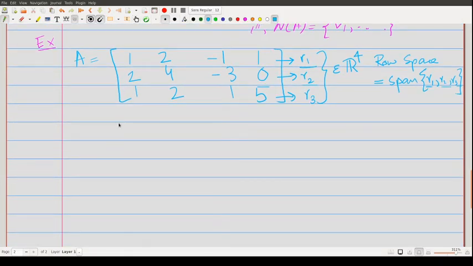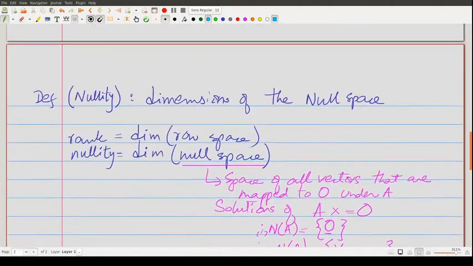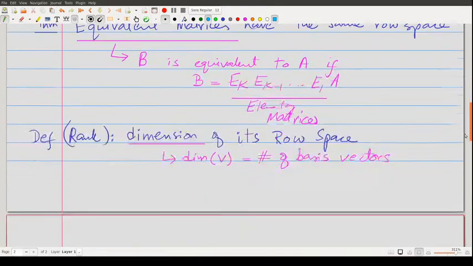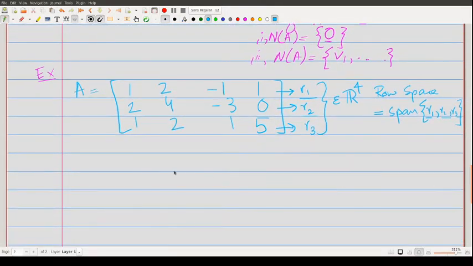The solution is given to us by this theorem: equivalent matrices have the same row space. So if I can convert this into its row echelon form, which we know is done by just doing some elementary row operations.